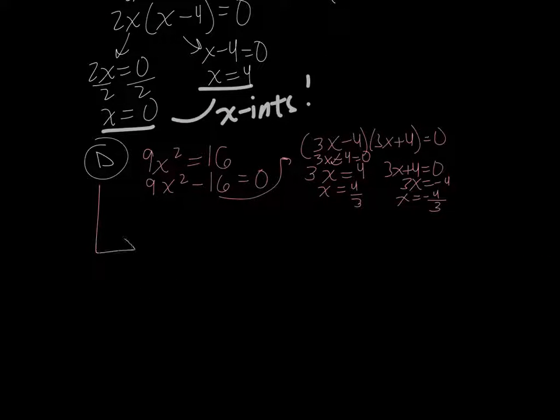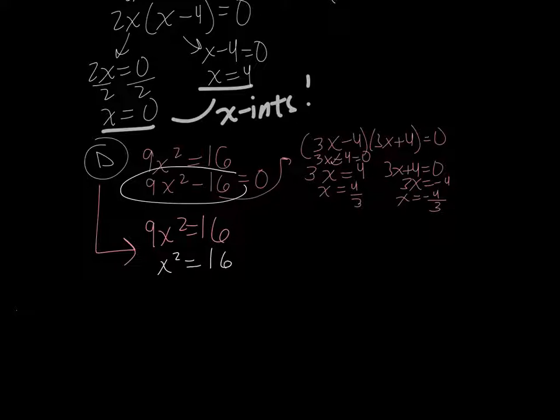Now, this example can also be solved, and this is looking towards the next section, by taking square roots. So I'm going to rewrite this. Now, if you realize, there is no x term here, which is characteristic of a difference of squares. So at this point, I can actually divide by 9 on both sides, and then take the square root.